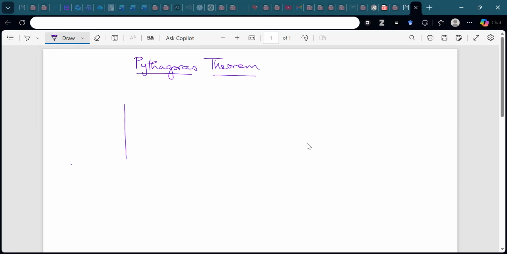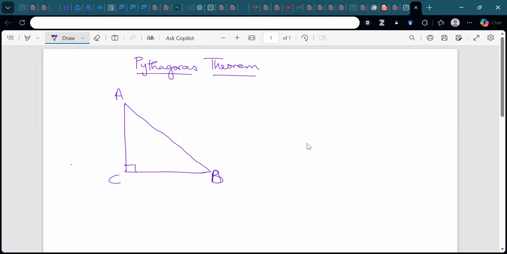Now, what the Pythagoras theorem says to us is that if we have a right angle triangle ABC, and we know that it's a right angle triangle because we can identify this little box in the corner, which indicates that this side is perpendicular to this side, which means that it gives us 90 degrees.